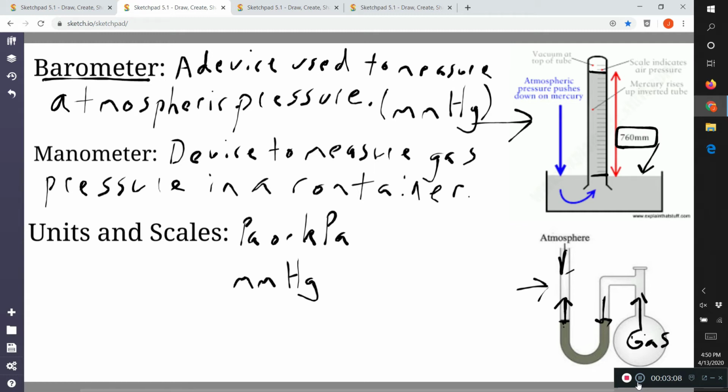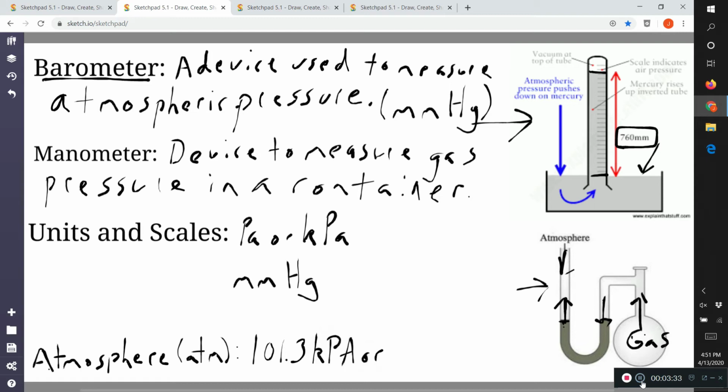We also have an atmosphere. And an atmosphere, abbreviated ATM, is 101.3 kilopascals or 760 millimeters of mercury.